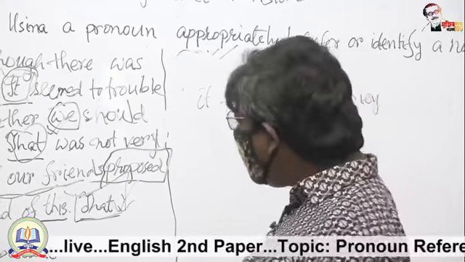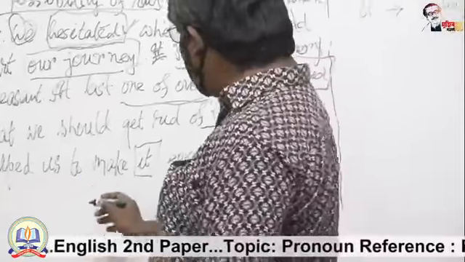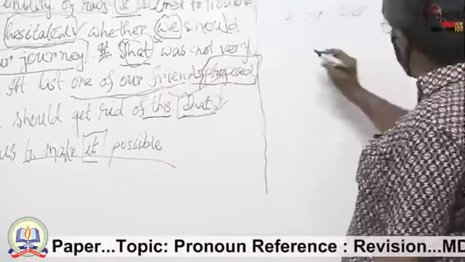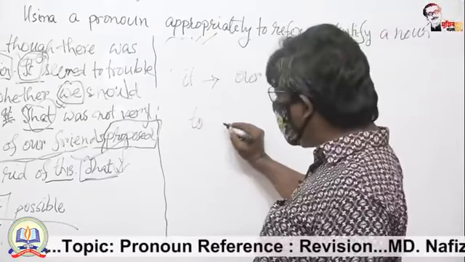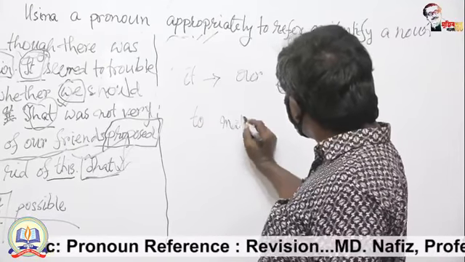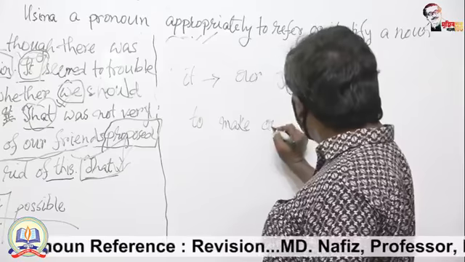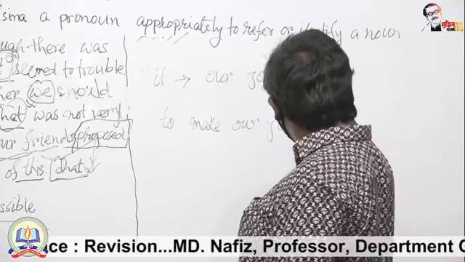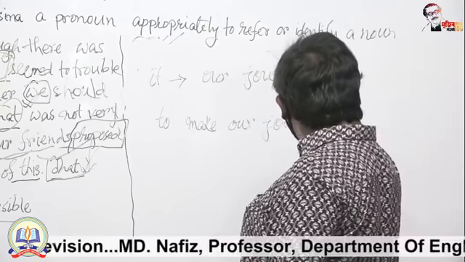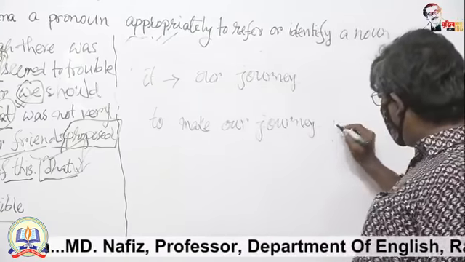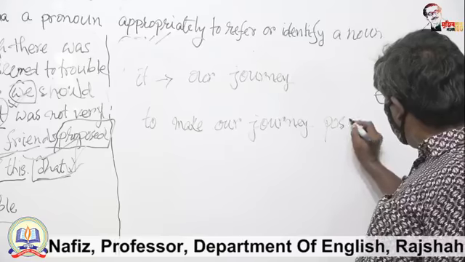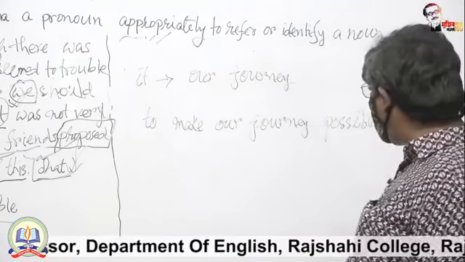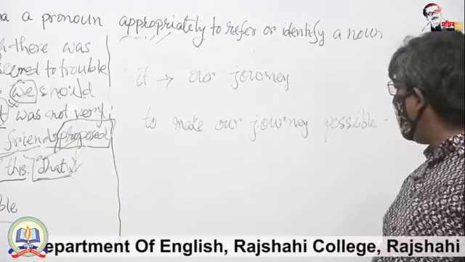So, we will alternate this phrase to make it possible, in this way, to make our journey possible. Full stop. To make our journey possible.